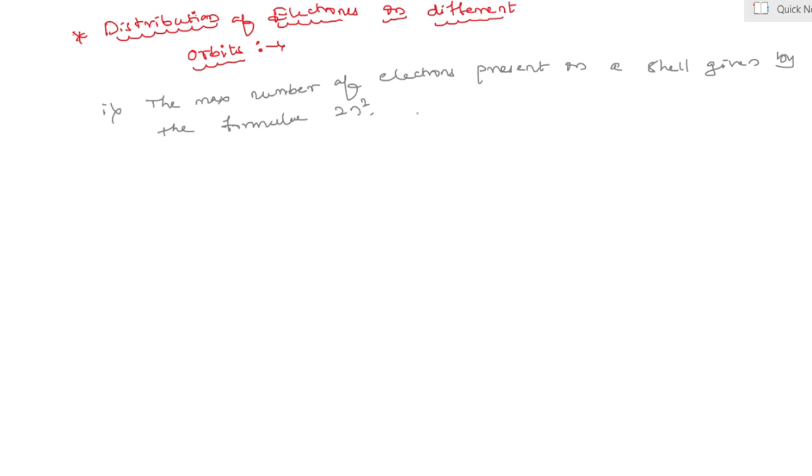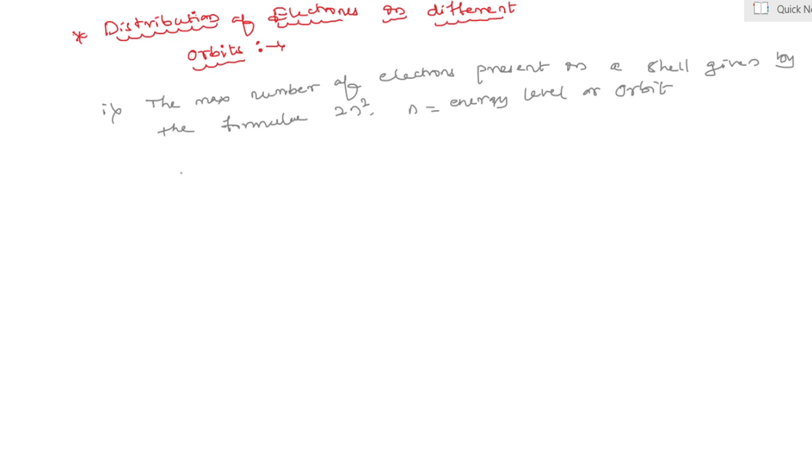Here n is the energy level or orbit. Clear? It means the maximum numbers for different cells are as follows.